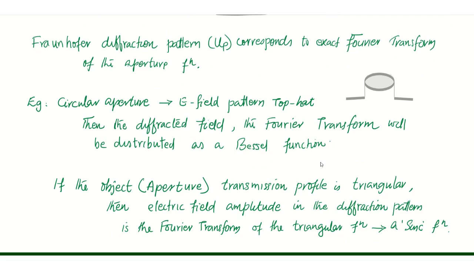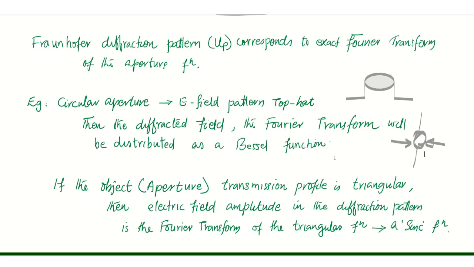Now, in the case of a circular aperture, because you have a plane wavefront and the intensity is uniform across the wavefront, the diffracted field will be a Fourier transform of the circular aperture.